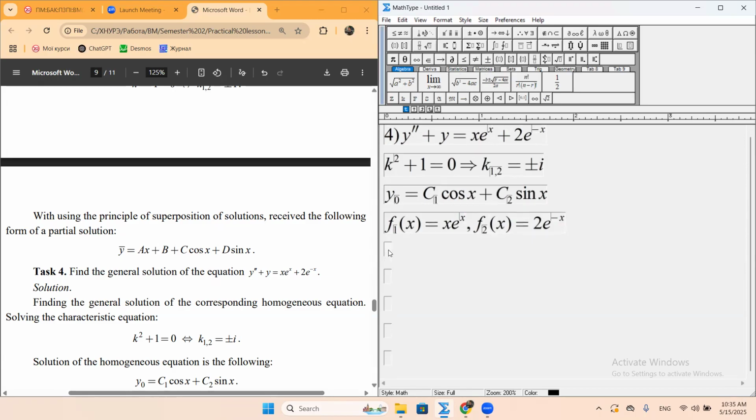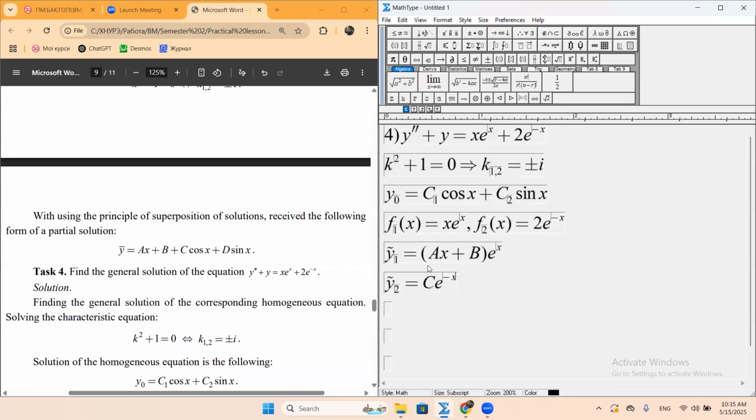So then y1 partial will be equal to ax plus b times e to the power of x, and y2 equals c e to the power of minus x.